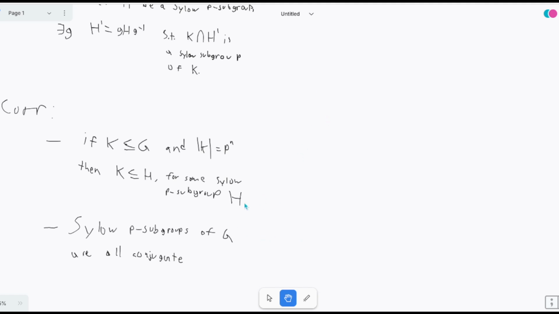So there is some conjugate of H, which itself must be a Sylow p subgroup being the same order, such that K intersect H equals K. Which obviously means that K is contained within H.